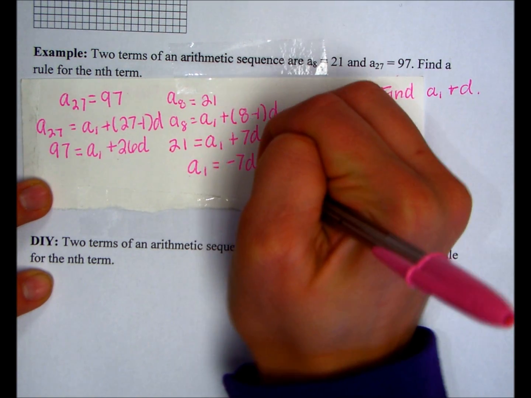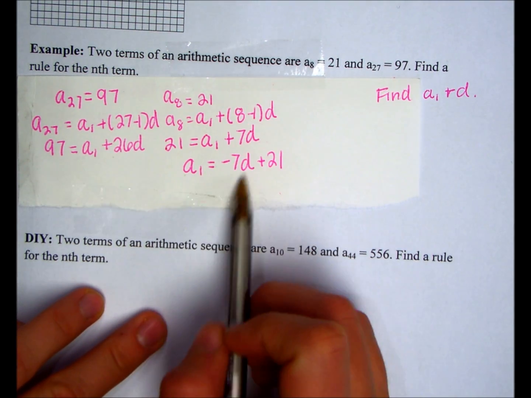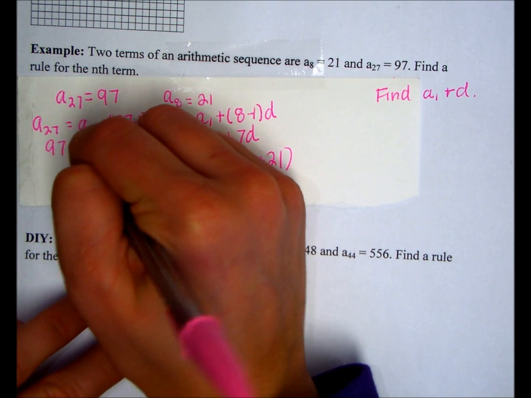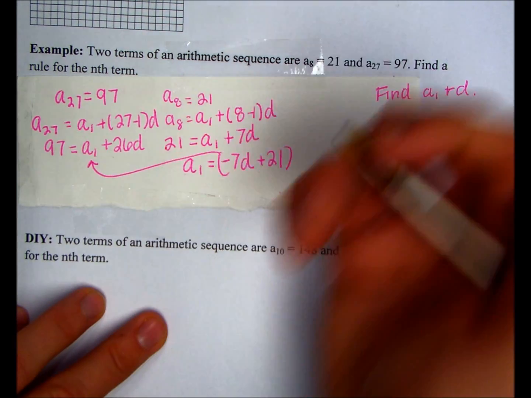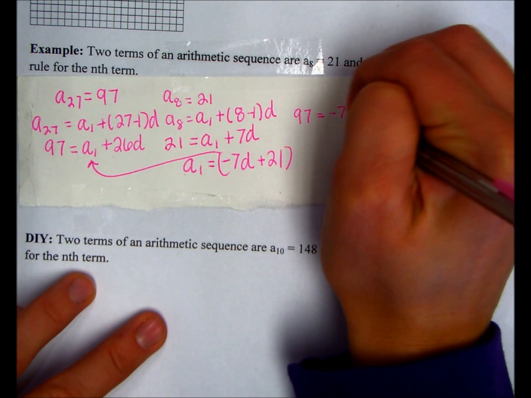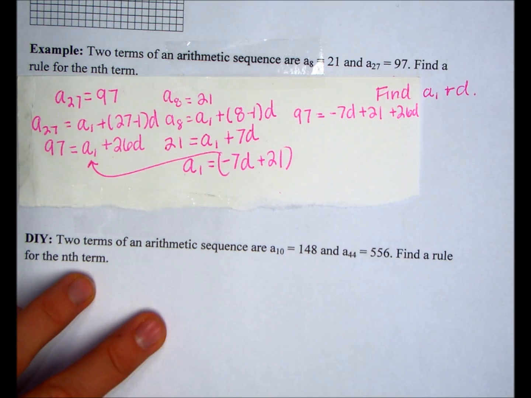So negative 7d plus 21, or 21 minus 7d, however you want to write it. Then I'm going to take this and plug it into my second equation and solve for d. So I'll have 97 equals negative 7d plus 21 plus 26d.